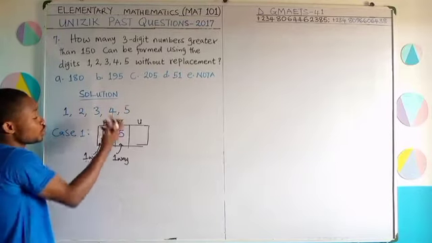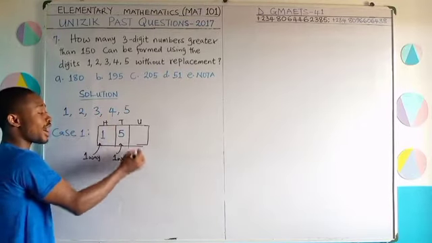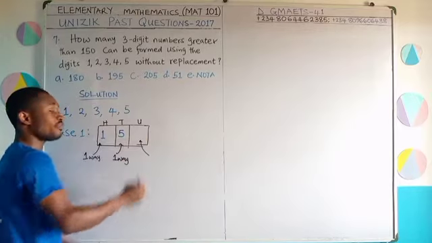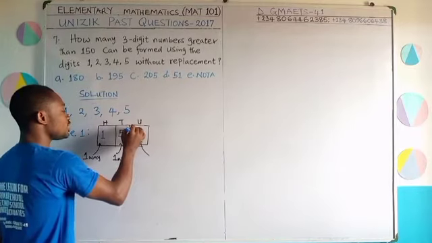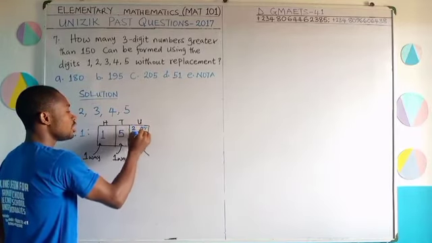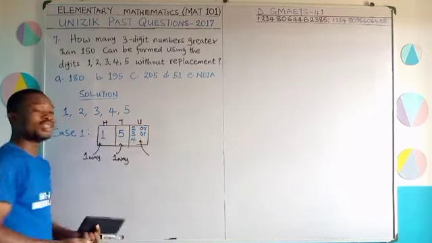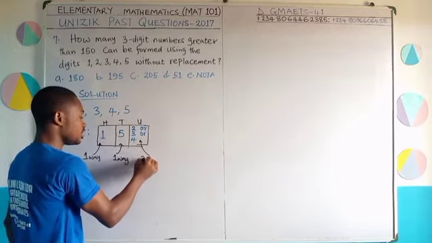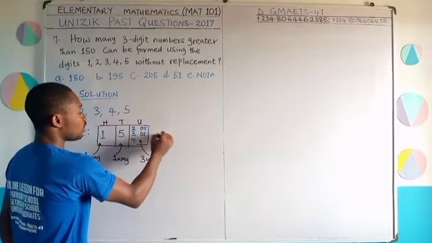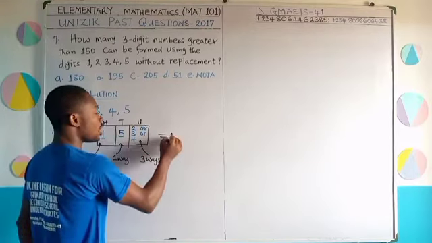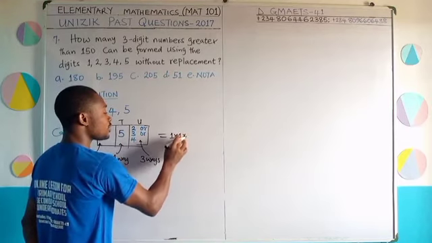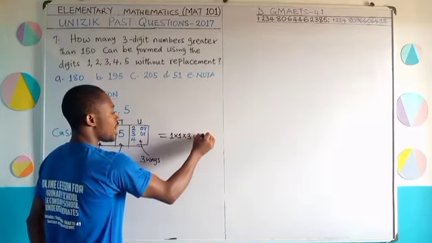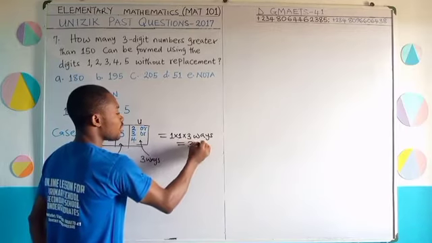Any of the 3 digits, which is either 2, 3, or 4, can fill the units place value. And how many possibilities do we have here? 3, giving us 3 ways. So working this out, we multiply all the ways: 1 times 1 times 3, and of course, this is going to give us 3 ways.